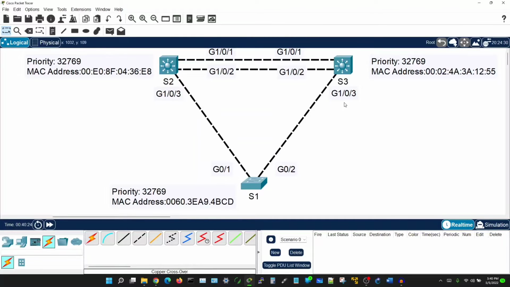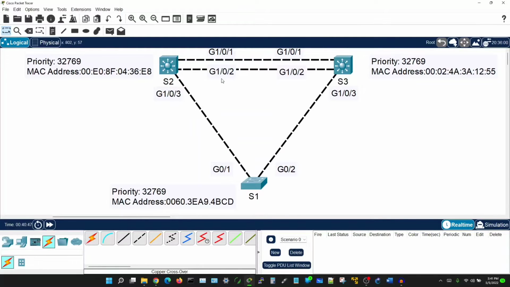Now the root port, in order to connect to the root, we know that it's directly attached, but it has 2 different connections, and in this case, gigabit 1/0/1 happens to be the lowest ID.